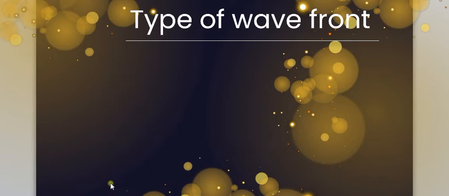Next, the third type which we are dealing with is the plane wavefront. When a small part of a spherical or cylindrical wavefront originates from a distant source, it will appear as a plane, and hence it is called a plane wavefront. For example, a spherical wavefront is coming from a far-lying point source.